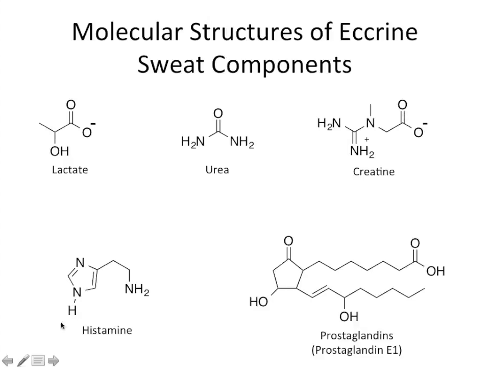Histamine, which you're also already familiar with. Again, we think of the immune system response with histamine, but we also find it in the sweat secretions. And then last, there's a group of compounds known as prostaglandins, which are actually secreted by the prostate gland.